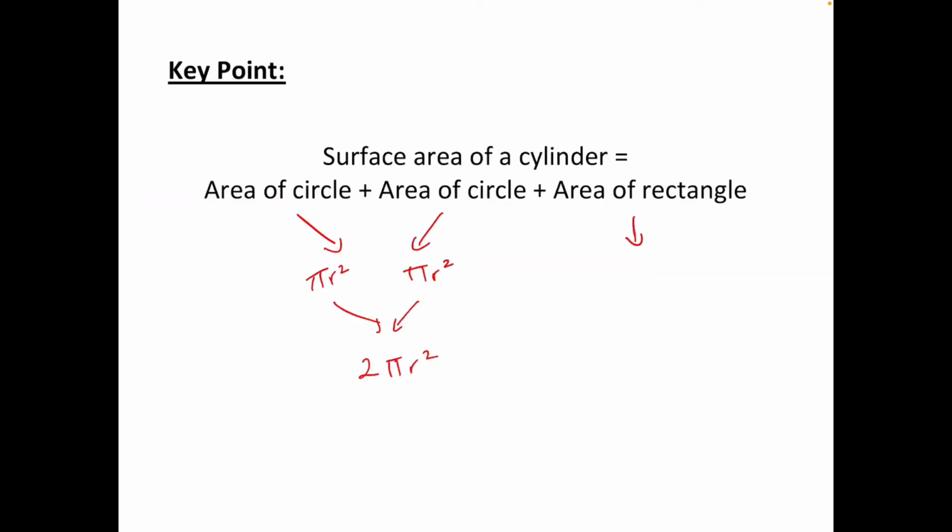So this is going to be pi times diameter times height, which can be simply written as pi d h. So my overall formula is 2 pi r squared plus pi diameter h for height. Can you please pause the video here and write this down into your book?